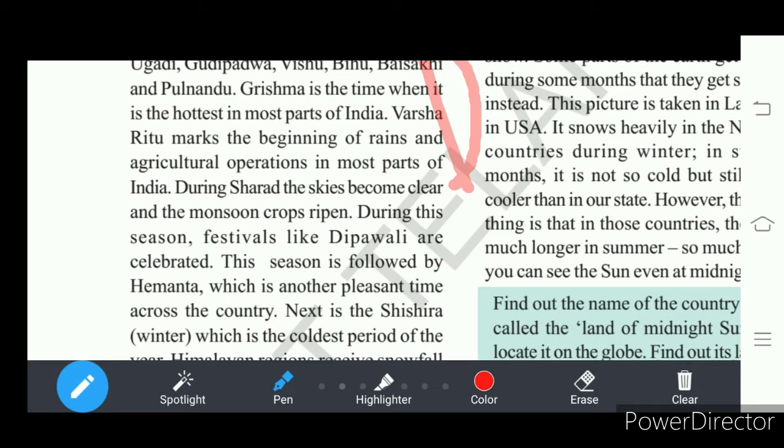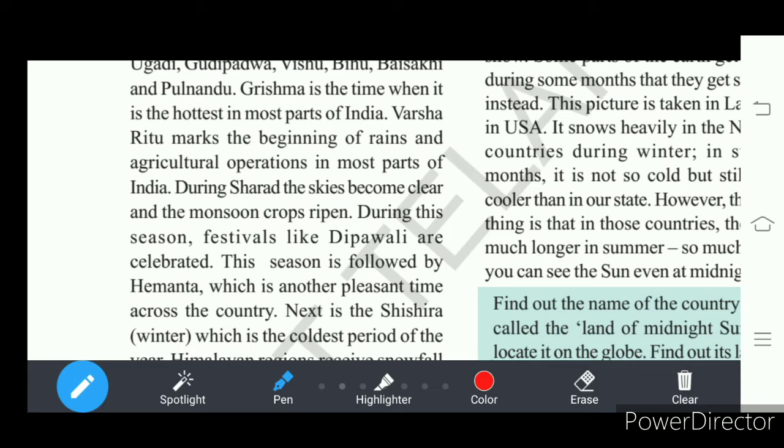This season is followed by the next, Hemanta. Understand? Hemanta Ritu comes before the winter season, right? It is in September, October, November. It is a change from the hot, wet season to the dry winter season.